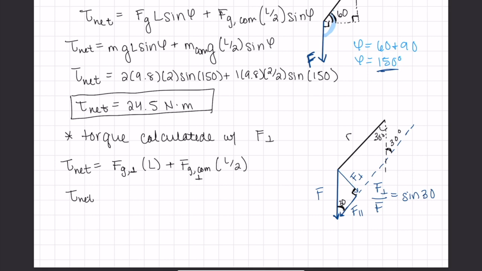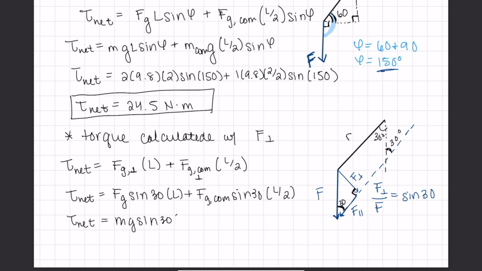We'll rewrite those perpendicular components in terms of FG sine 30, FG center of mass sine 30 L over 2, and then we'll plug in our mg's and we'll go ahead and substitute in our values again.